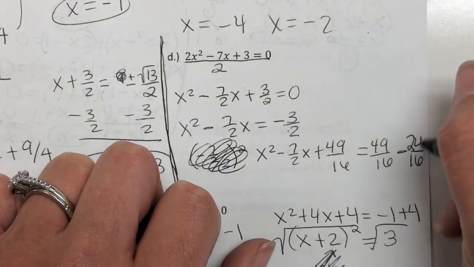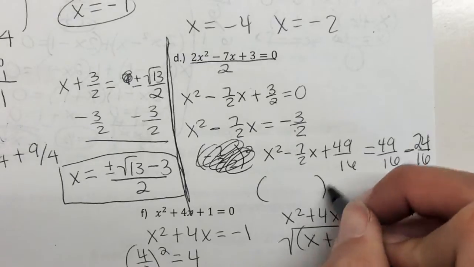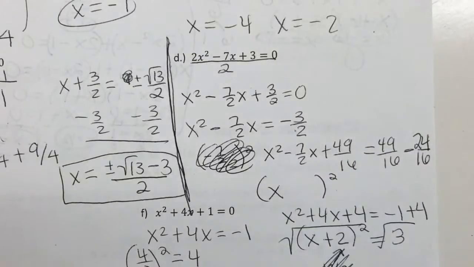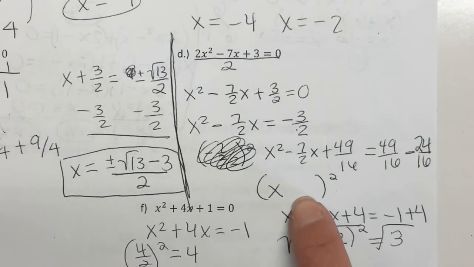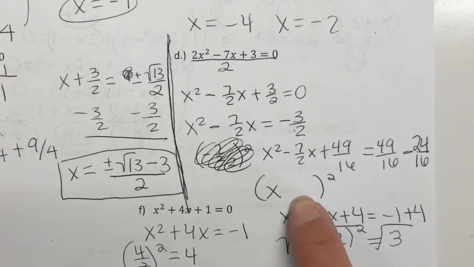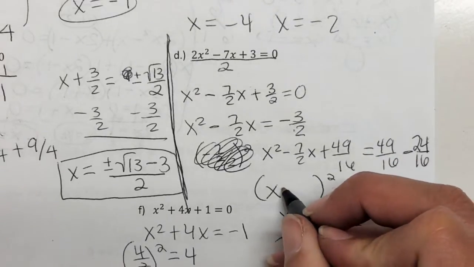Sweet. Alrighty. In my blank of x plus something squared, this is where you put b over 2, not b over 2 squared. So what was b over 2? 7 over 4. Not just 7 over 4. Negative.